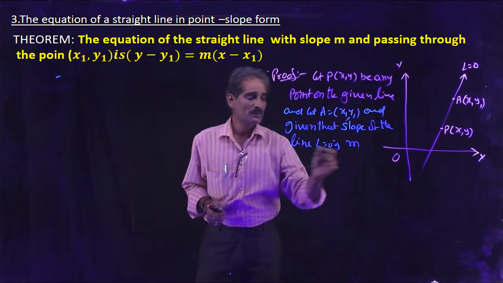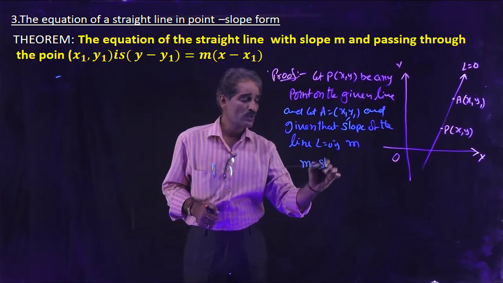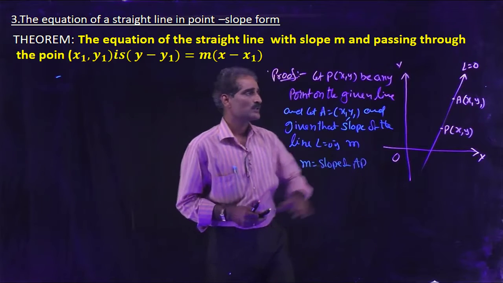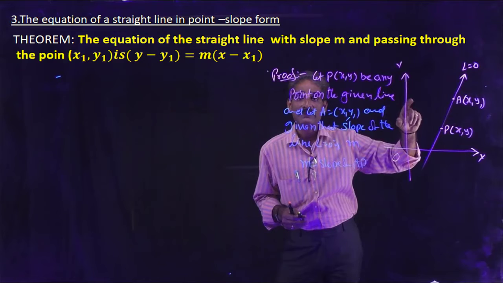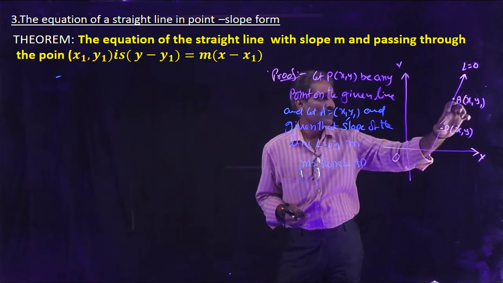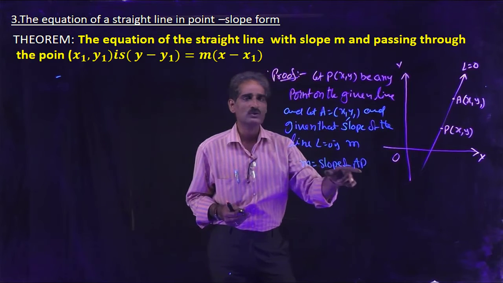Understand? Now the slope of the line L equal to 0 equals m. This is equal to the slope of AP. The slope of L is nothing but the slope of any two points that lie on the line. Slope of AP equals slope of L. Slope of L equals m. Now we have to find the slope of AP.